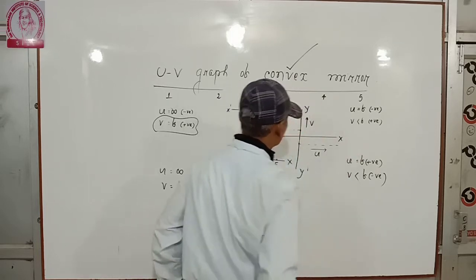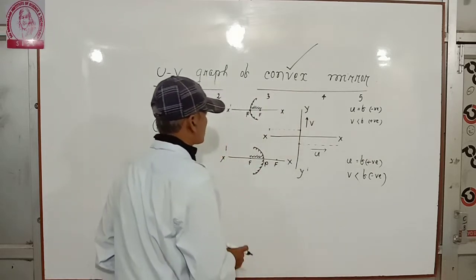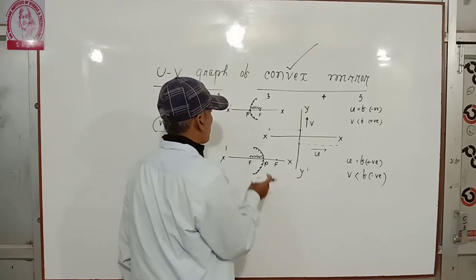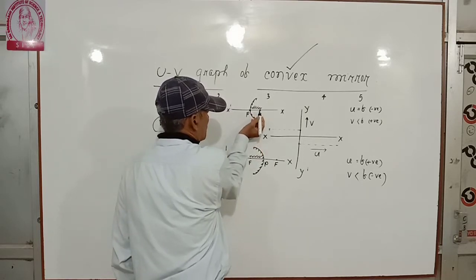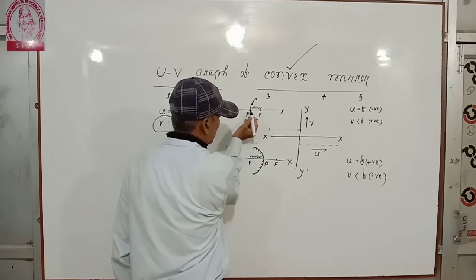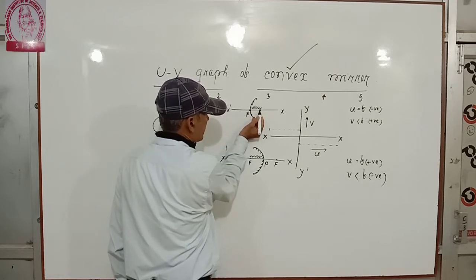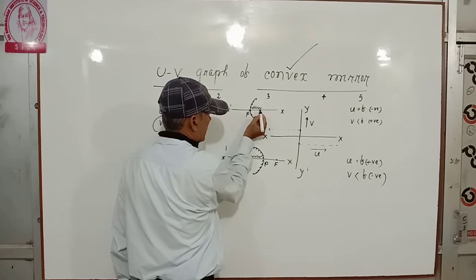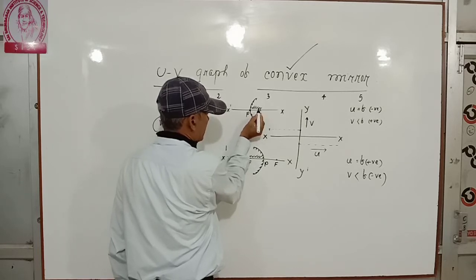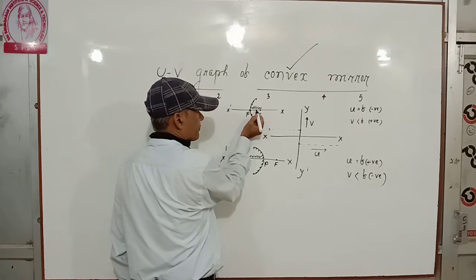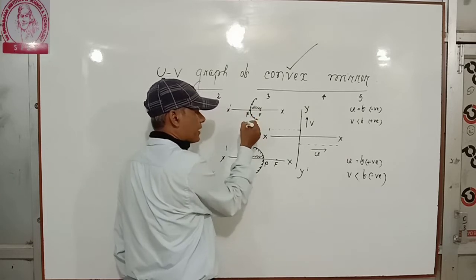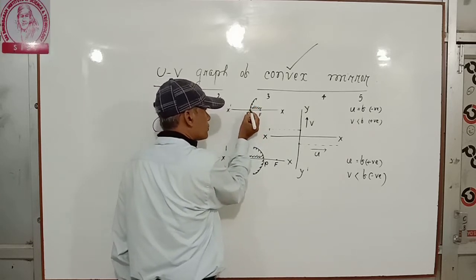Now, you see here, the image gradually comes closer to the pole. The image gradually becomes closer to the pole.